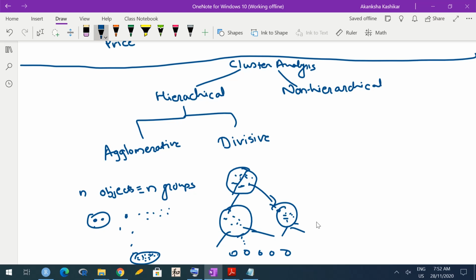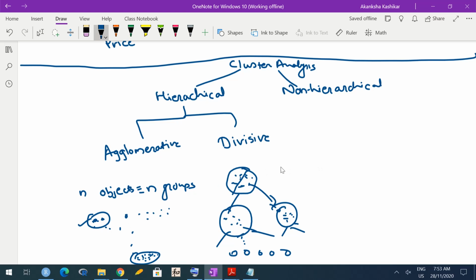Now why the name hierarchical? As I said, there is a hierarchy or order to it. If you have put two objects together at a step, and because you are agglomerative, things are going to get combined further, these two stay together till the end. If they come together at this step, in all further steps they must stay together. They cannot get away from each other.